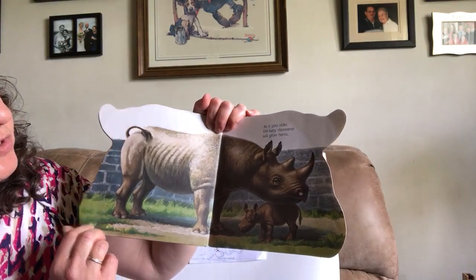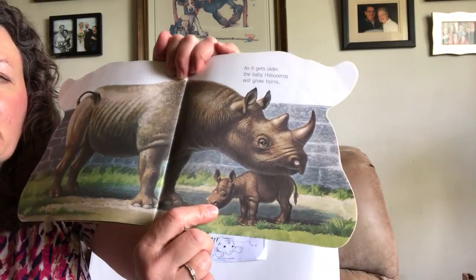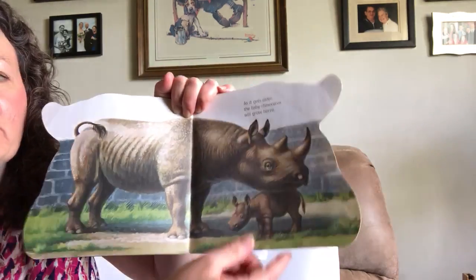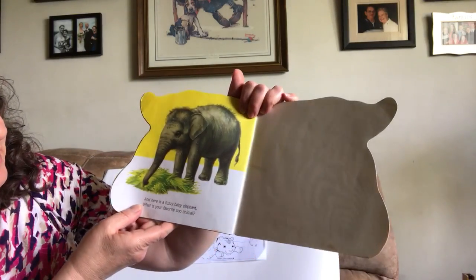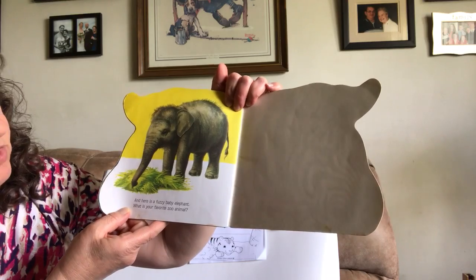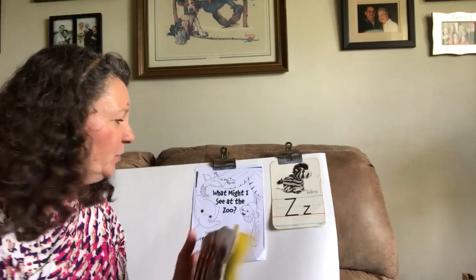As it gets older, the baby rhinoceros will grow horns, okay? You see, it doesn't have any horns yet, but when it gets older, then it gets the horns, okay? That's a rhinoceros. And here is a fuzzy baby elephant. What is your favorite zoo animal? There's lots of animals at the zoo, okay?